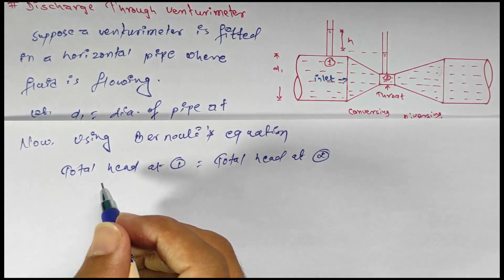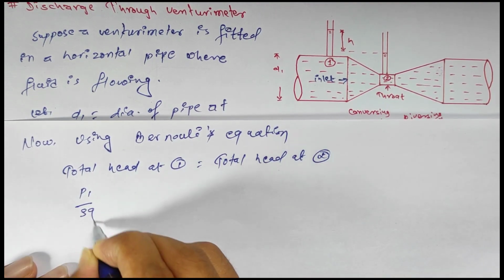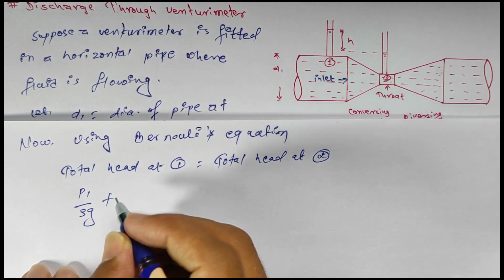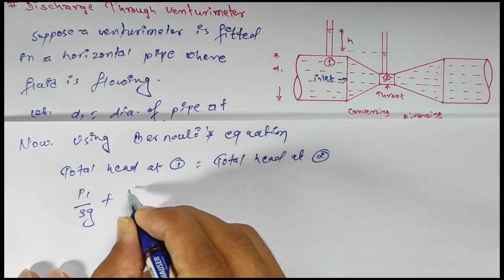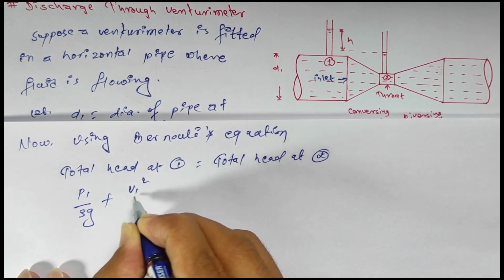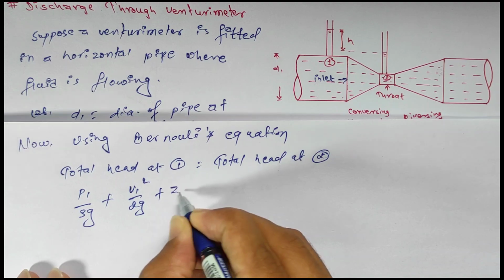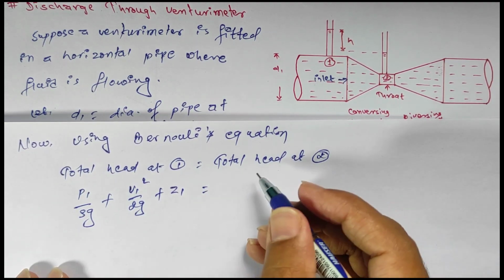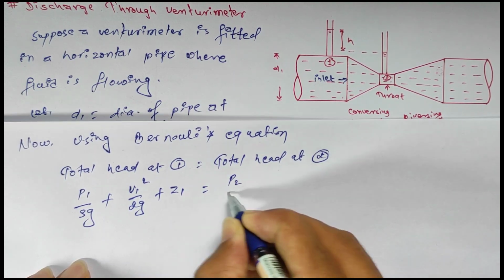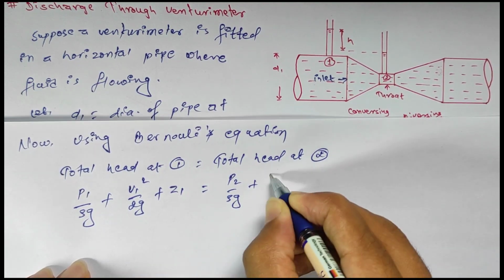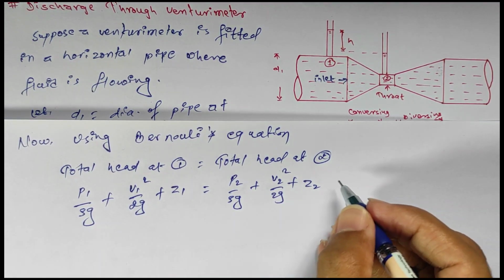The total head is the sum of pressure head, which means P1 by rho g, where rho means density, velocity head, V1 square by 2g, plus datum head Z1. That should be equal to the total head at section 2: P2 by rho g plus V2 square by 2g plus Z2, neglecting the head loss.